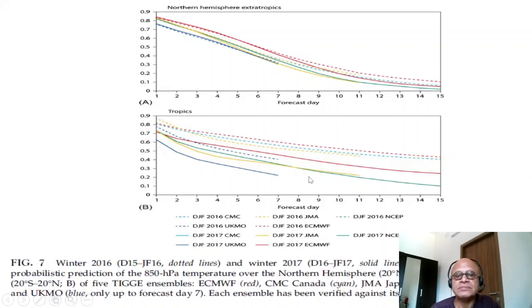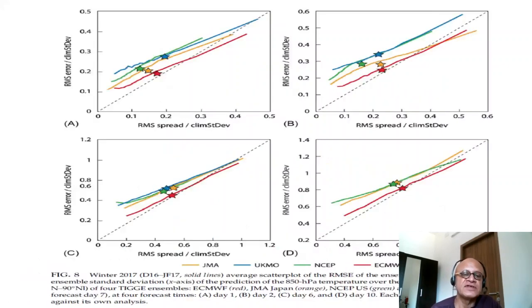Okay, so skill depends on the intrinsic predictability of the system as well. This is another way to look at it, looking at RMS errors as a ratio of standard deviation and RMS of the spread with respect to climate standard deviation. The good skills should fit on this line here. So this is again for the same.